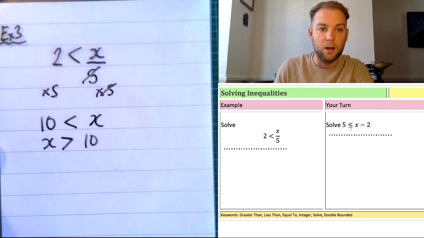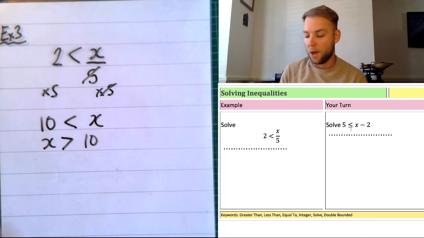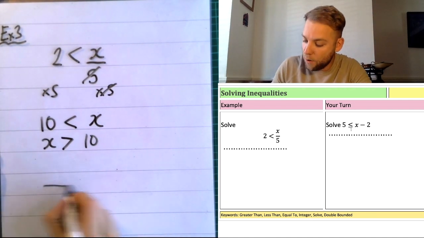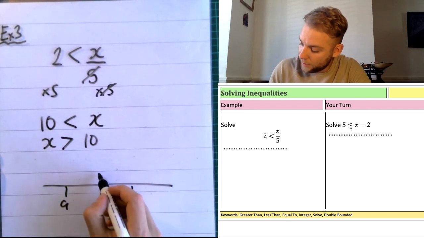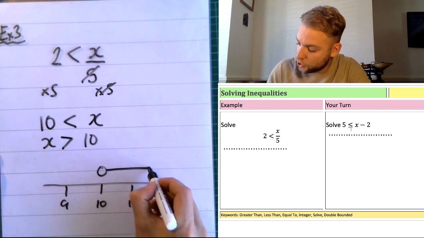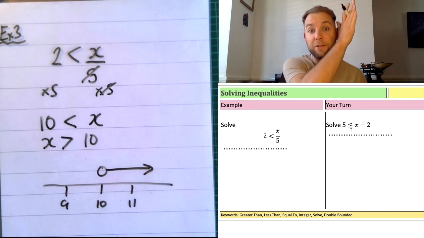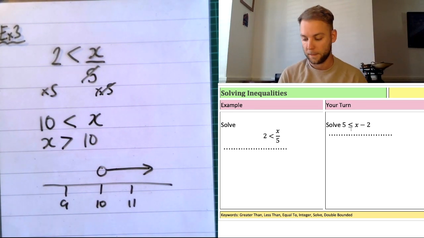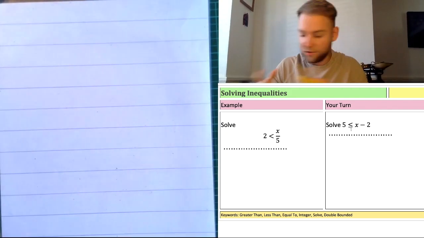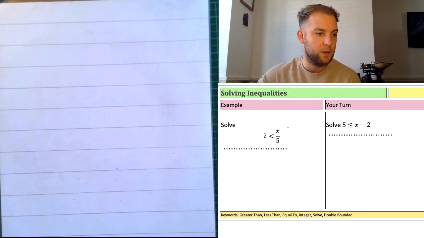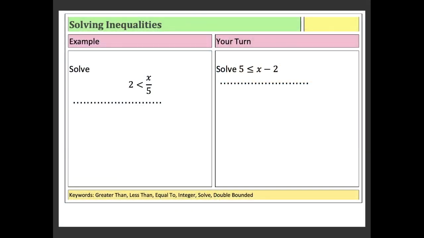You need that symbol to always match that x part here. Then when I draw it, 9, 10, 11, we can see, open dot, that it should actually be pointing this way because now the x is on the left-hand side. Brilliant. It's a little bit trickier there, just that last part. I don't want you to get confused with that. So pause now and have a little go at that one on the right.